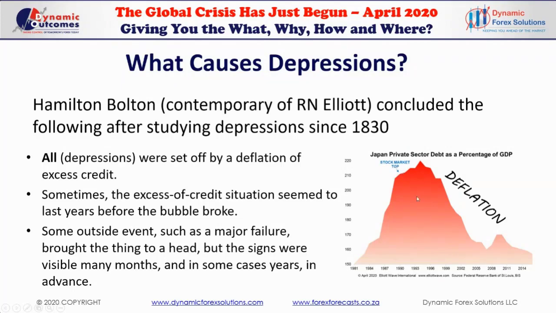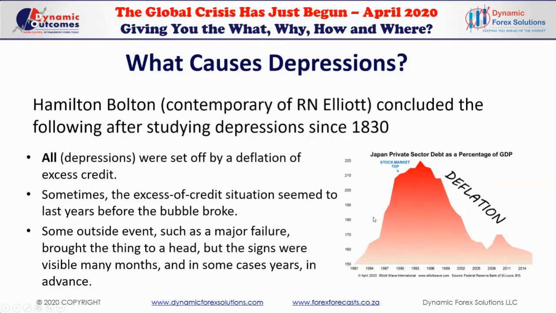And what followed that was the economy contracting. And because of that, GDP contracted, but debt hadn't contracted yet. So we saw the debt as a percentage of GDP push up here over the next few years before collapsing. So the deflation of this excess credit occurred for the next almost 15 years. And Japan's still battling to come out of that.